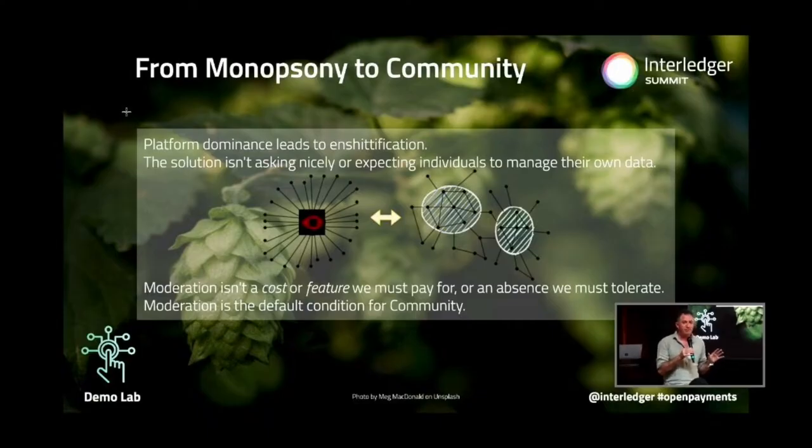If you don't have them, you're not paying those salaries, and then you end up with the chum that we suffer with. Moderation isn't a cost or a feature, okay? It is critical for the internet to work, and it currently isn't. Our experience of it is not enjoyable.